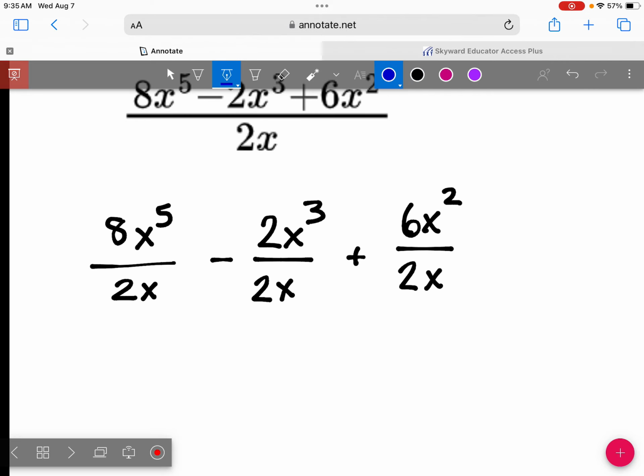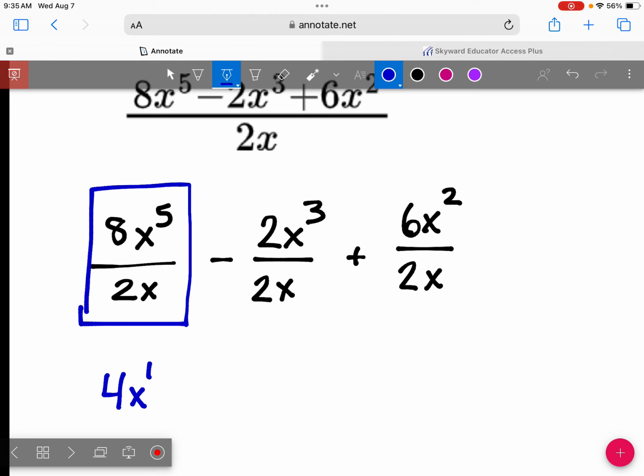Looking at just this piece, 8x to the 5th over 2x. What is that going to simplify down to? 4x to the 4th. Then I'm going to bring down my minus sign, and we are going to simplify this piece. What's that going to simplify down to?